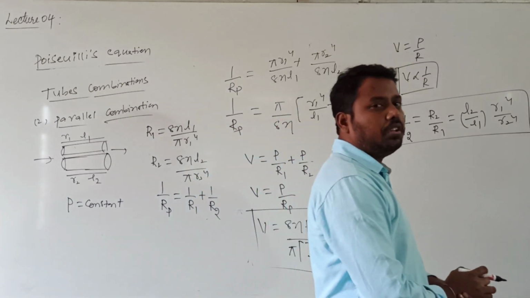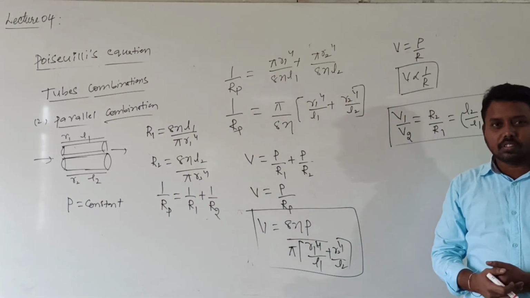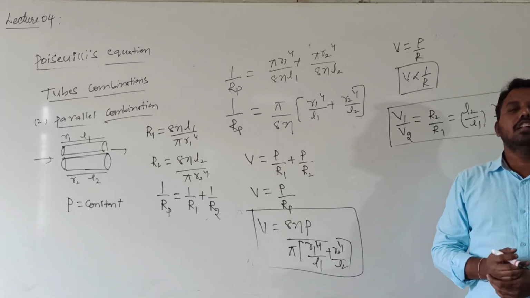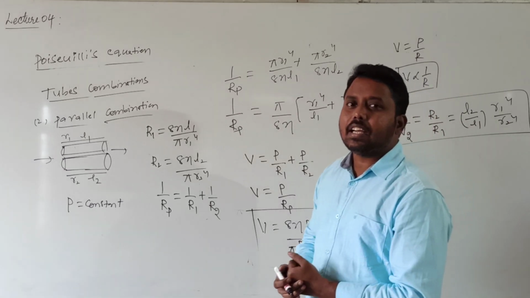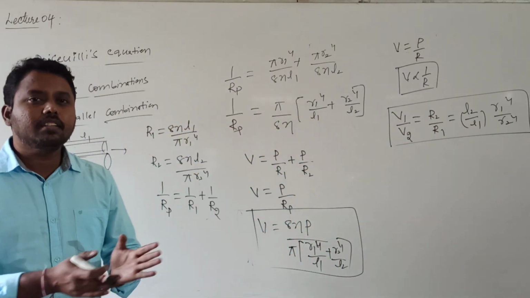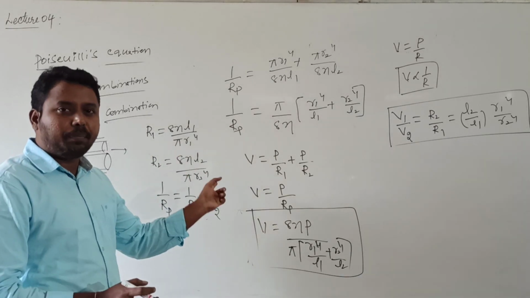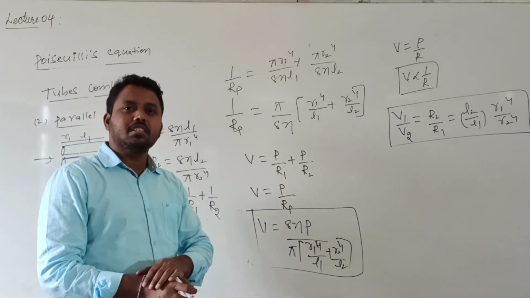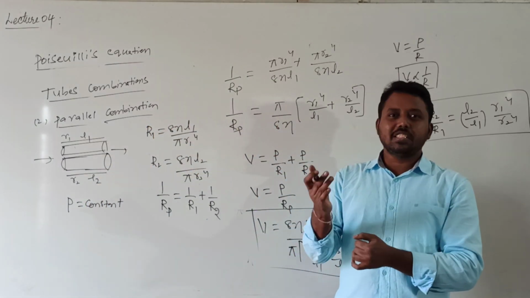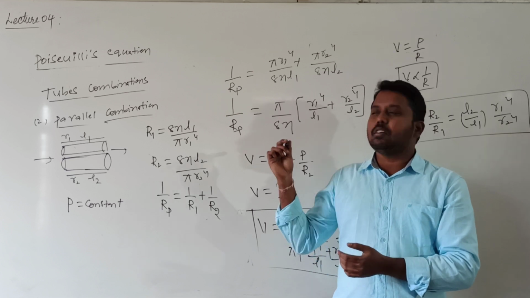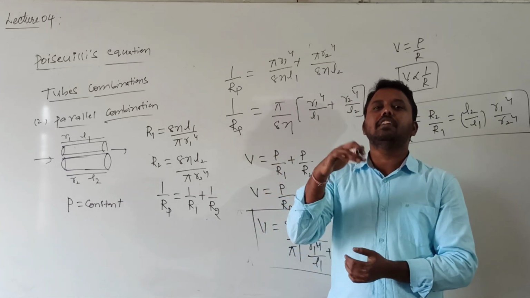And this is up to the concept of mechanical properties of fluids, the Poiseuille equation. The last topic, which one? Poiseuille equation. After completion of this, we'll start the numericals of this chapter, mechanical properties of fluids. And one more important point in this chapter is, we will discuss surface tension in a separate part. After completion of the numericals, we will discuss that separate part on surface tension.